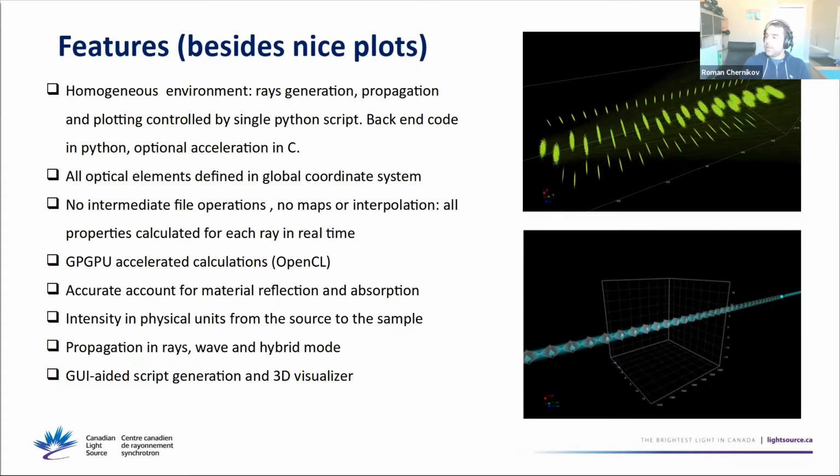We can do ray tracing and wave propagation. I mentioned in the beginning that we still use the same Monte Carlo approach to calculate the wave propagation, and I'll show a couple of slides with some details about how we do this. In principle, we can easily switch from one mode to another and use rays on certain segments of the optical setup and wave calculations where it's necessary.